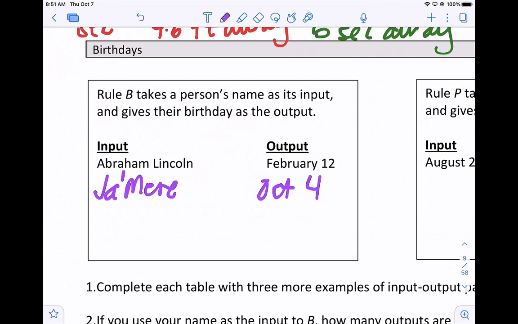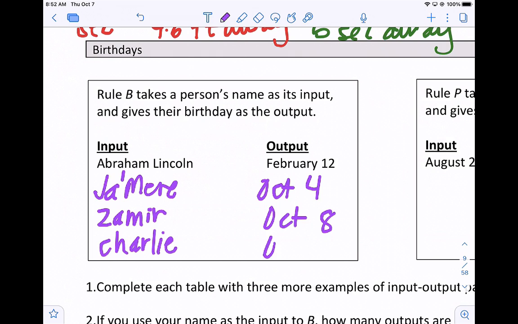And we have Zamir, his birthday is October 8th. We have Charlie, his birthday is October 18th. And Louisa, her birthday is also October 18th.